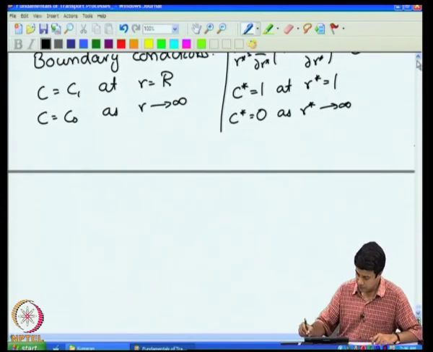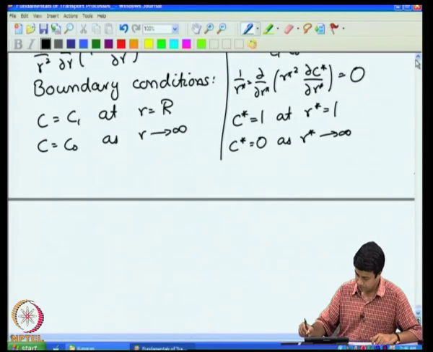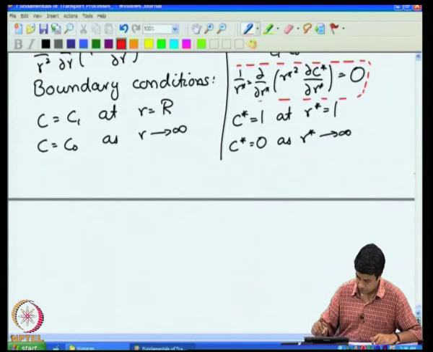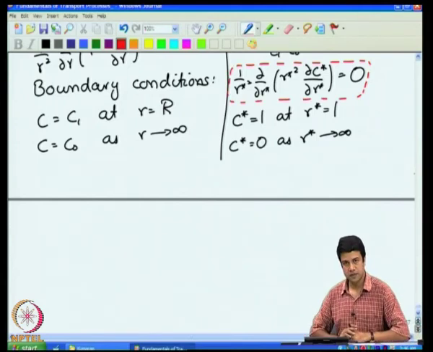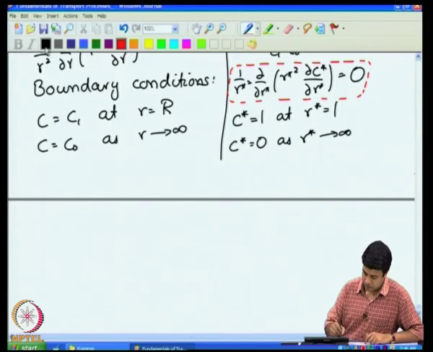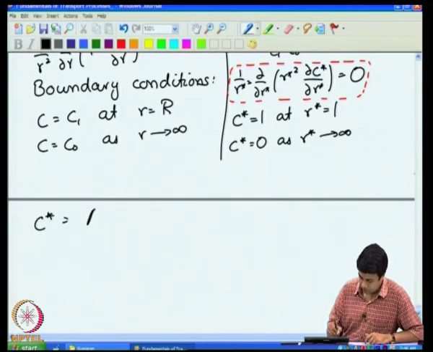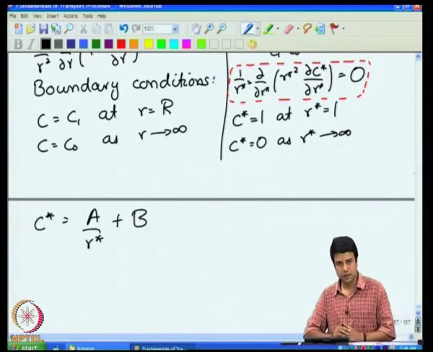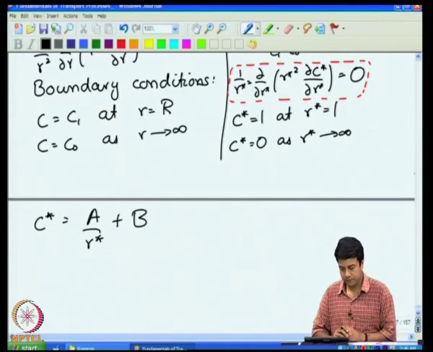Now, if I solve this equation, the solution of this equation is quite easy. The solution is basically C star is equal to some constant a divided by r star plus some constant b, a by r plus b. This is a second order differential equation, it is quite easy to solve.